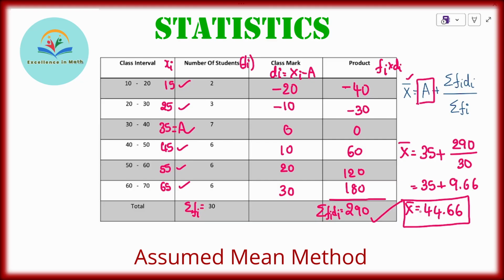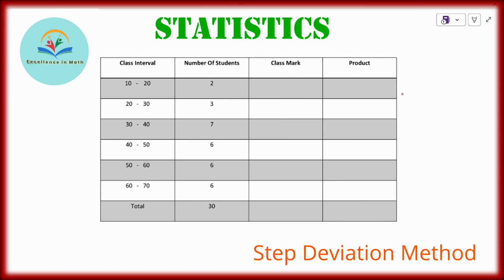Now, we will try to understand one more method in order to find the mean of the given data with much simpler calculations, that is the step deviation method. Let's go into that. Now, the step deviation method is also an important method in order to find the mean of the given data.